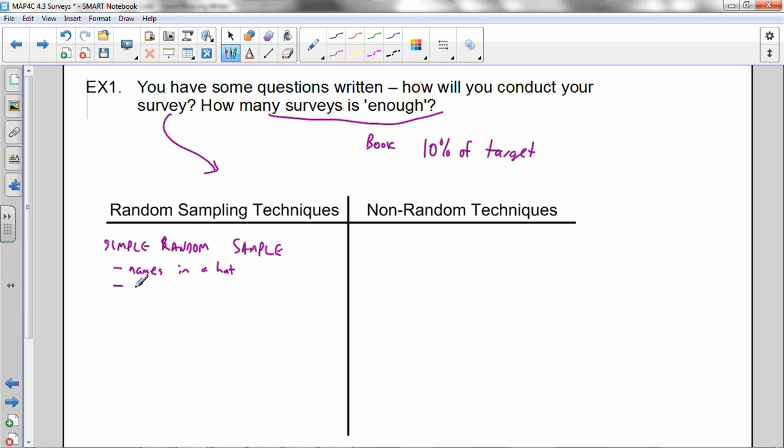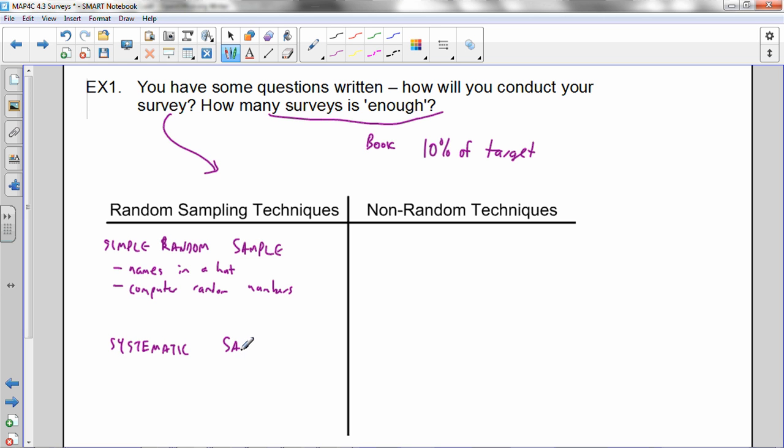Or you get the computer to generate some numbers, a computer random number generator. So you number all the people in the school from 1 to 900, and the computer spits out a few random numbers, and then you go survey them. That's a simple random sample.